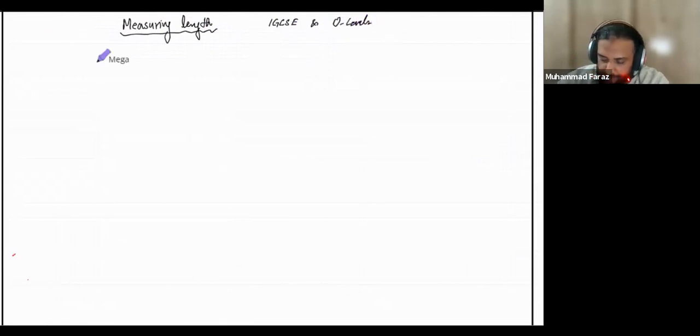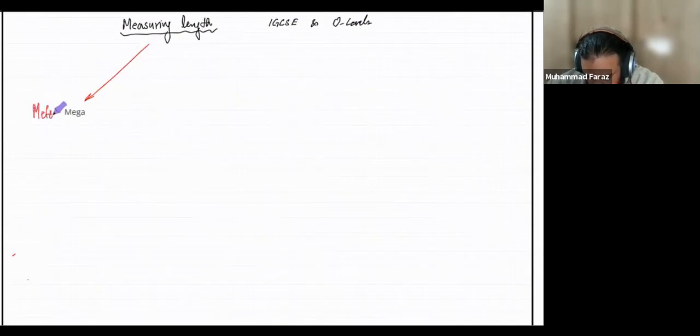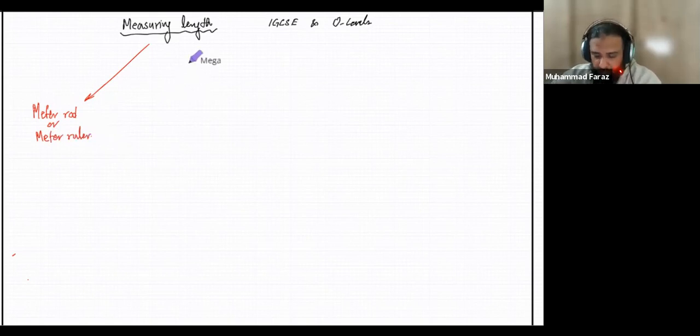Okay. Now, the instruments that we use are meter rod or meter ruler. Then we have measuring tape.